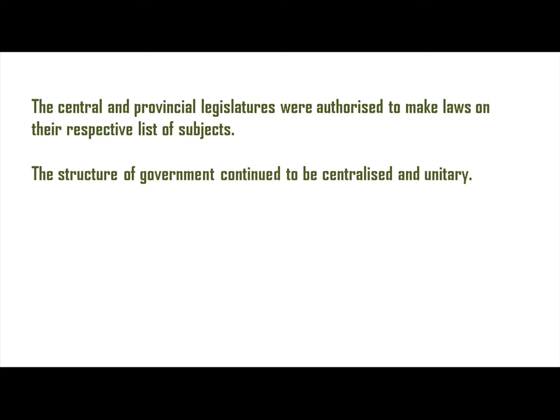The structure of government continued to be centralized and unitary. Even though the provincial subjects have been demarcated and the provinces given relaxation from the center's authority, the structure of the government continued to be centralized and unitary. Got it?